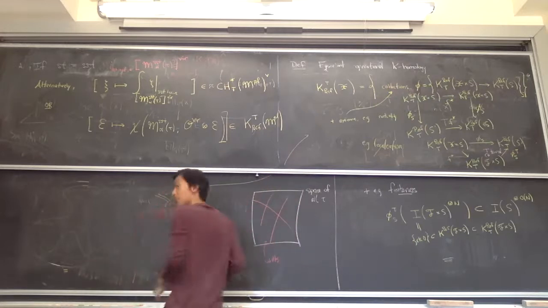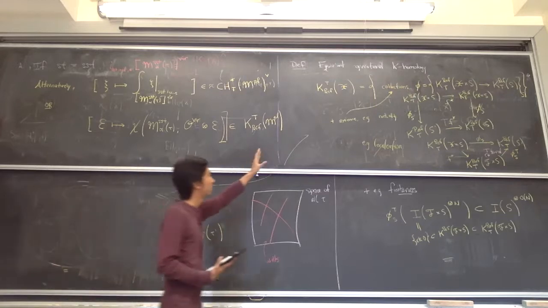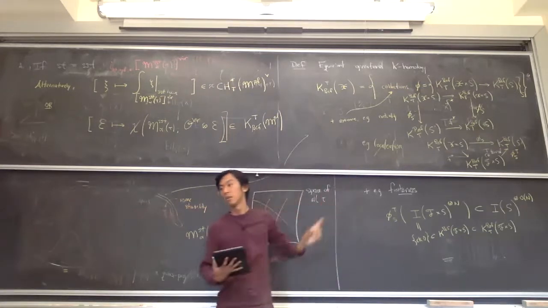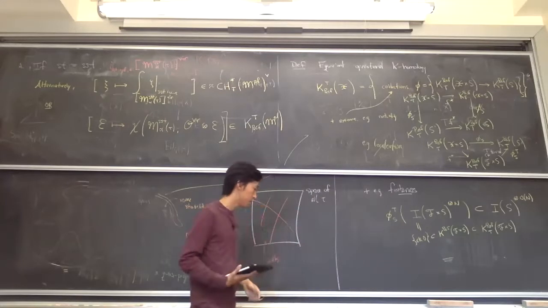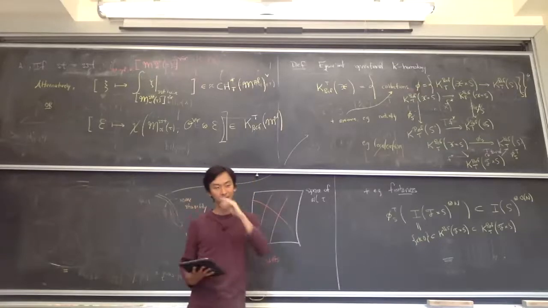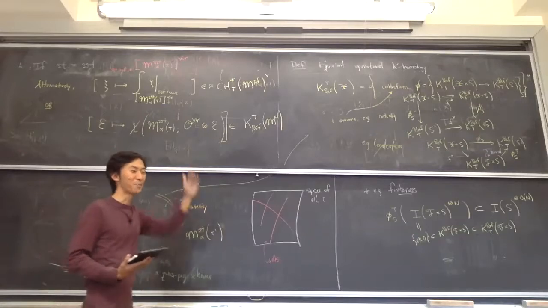So you say X is point mod G? If X is point mod G, you get something which is identifiable with the topological K-homology of the topological realization of point mod G. Topological K-homology is, yeah, but that's like some super abstract description.